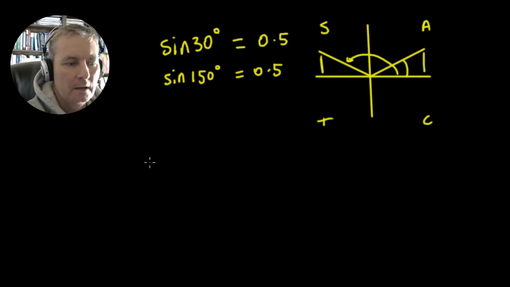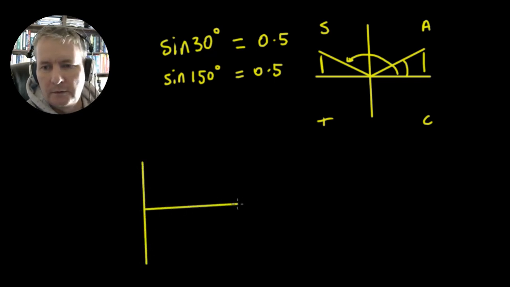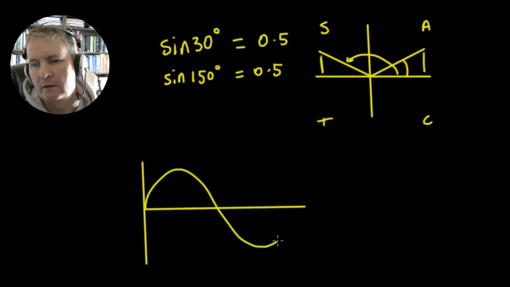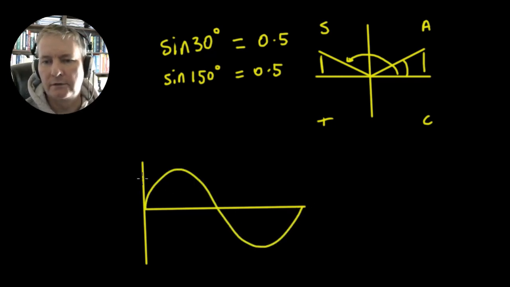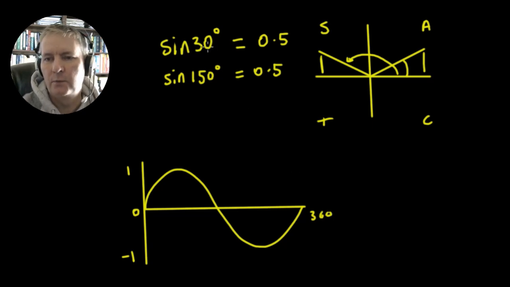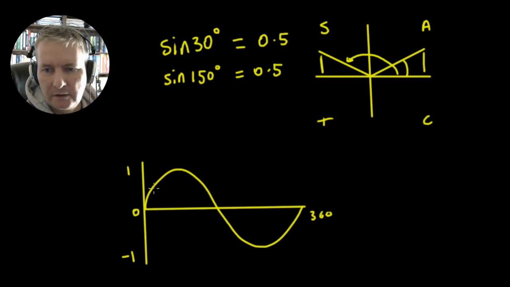Now we know why it is we've got those values, because whenever we draw in the sine function, we can see here that it goes from 1 to minus 1, and this is an angle of 0, an angle of 360 degrees, and we're at 30 degrees here, so 30 degrees is somewhere round about here.